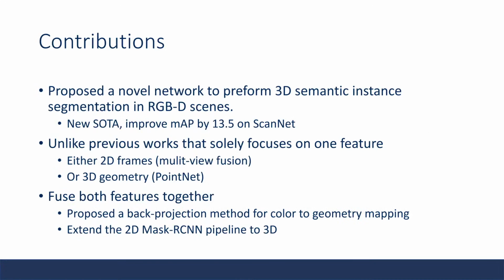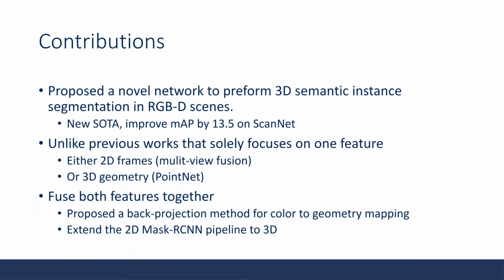The contribution of this paper is that they propose a network to do 3D semantic instance segmentation and got a new state of the art. To do that, they fuse both color and depth features, and they use a novel back projection method, as well as extending the 2D Mask R-CNN pipeline to 3D.